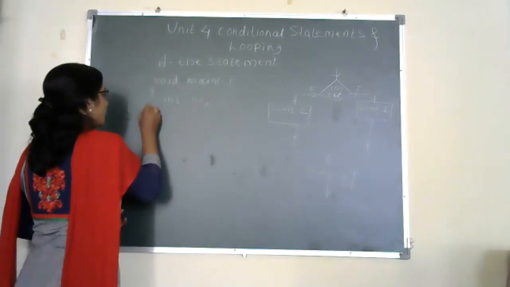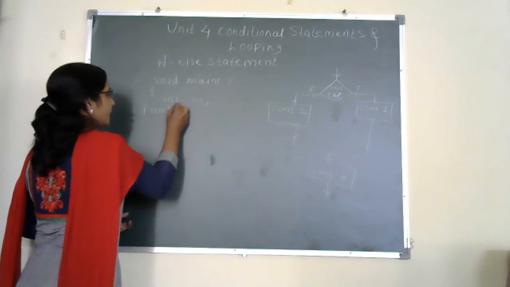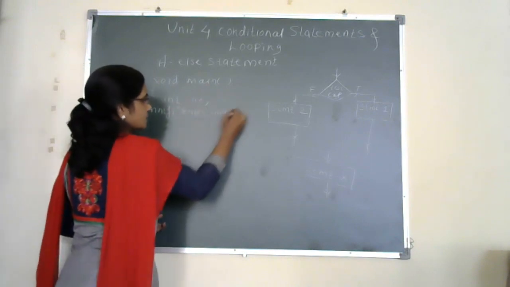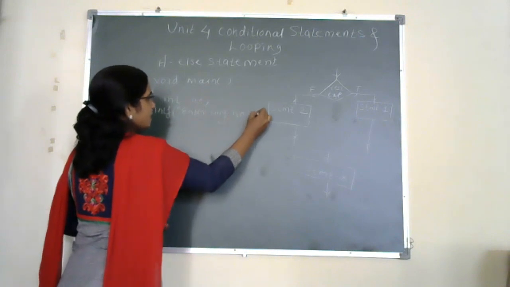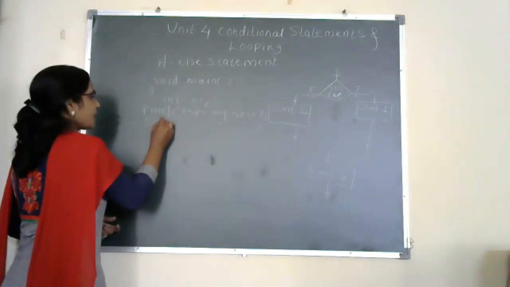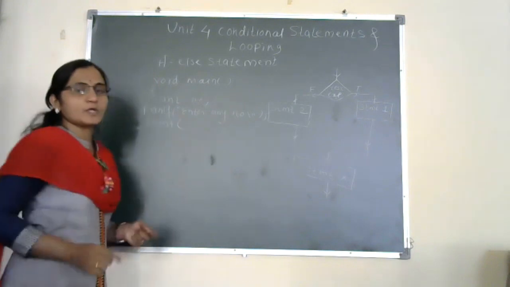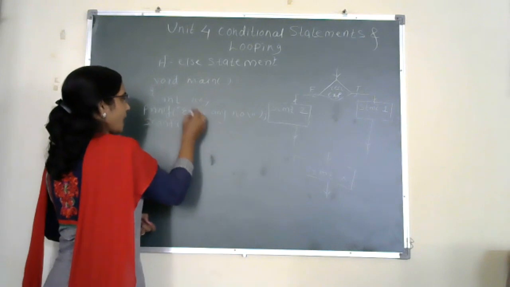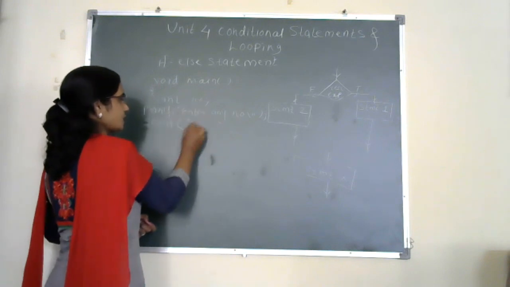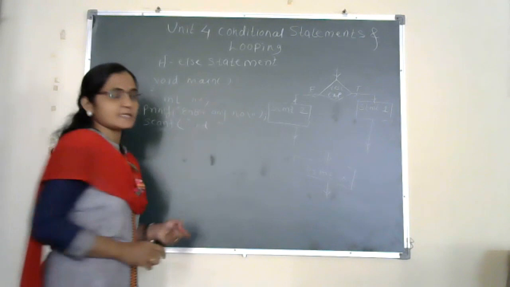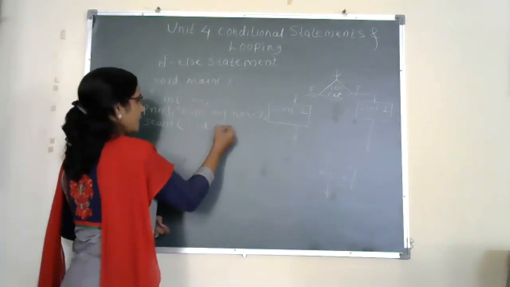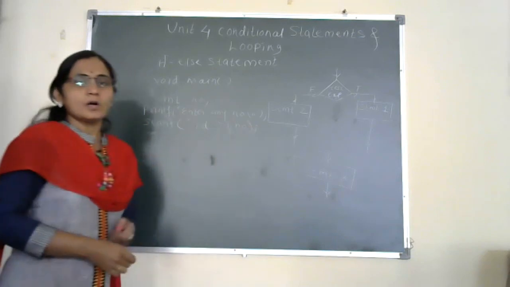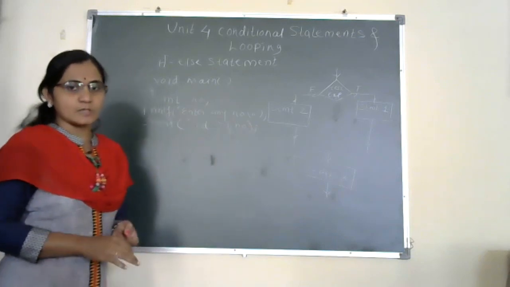Using the printf statement: printf, enter any number \n, and after that I read that number from the user with the help of the scanf statement. As I have declared number as an integer, the format specifier is %d, and I use the ampersand to read the value of the number from the user.